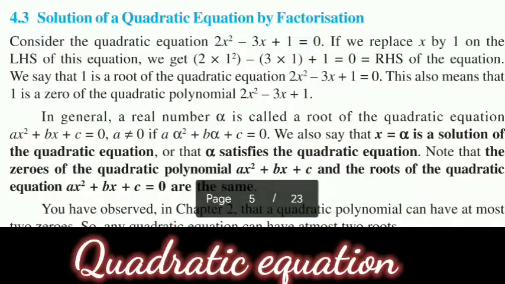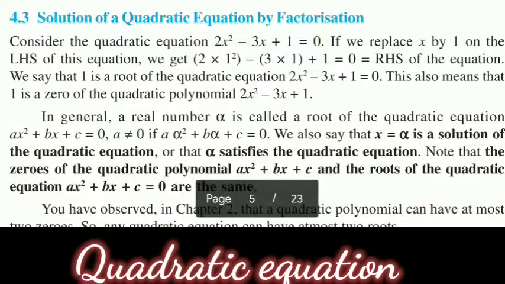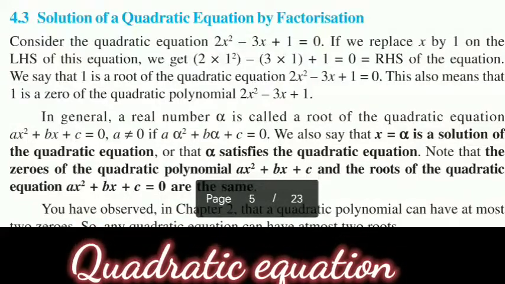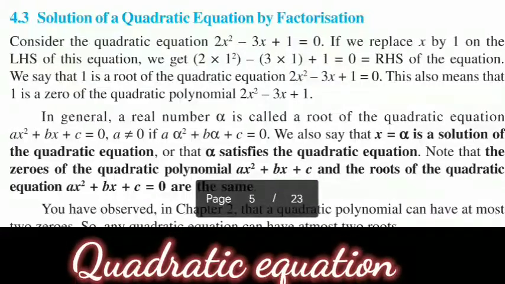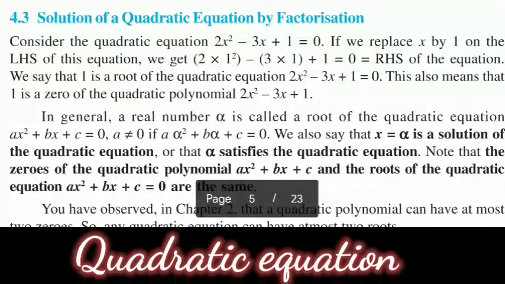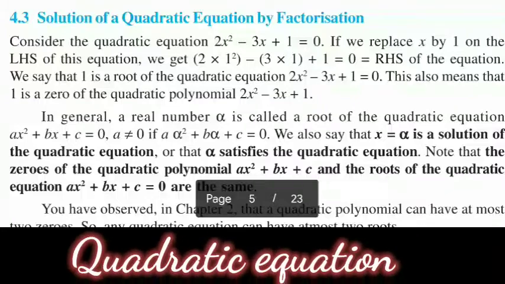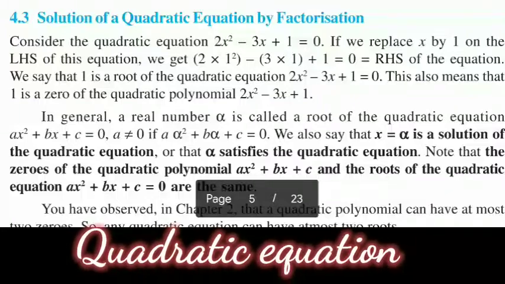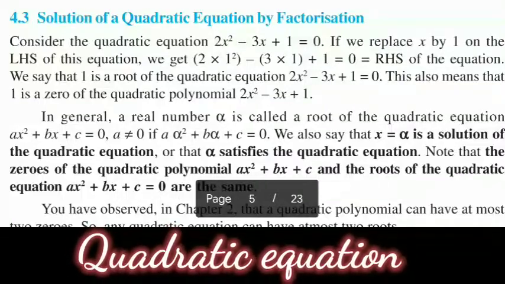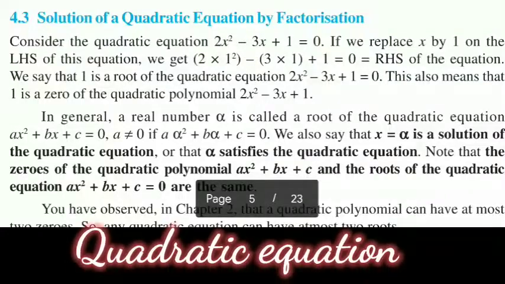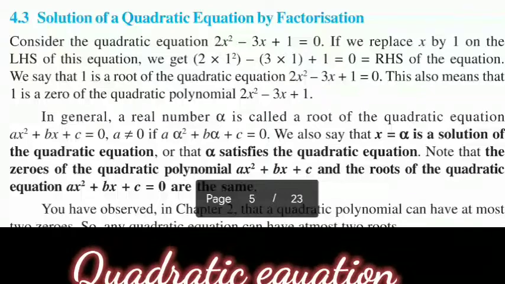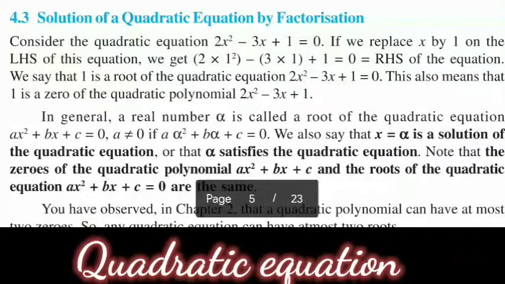Otherwise you can say those values satisfy the equation. Those values satisfy the quadratic equation. Those are the zeros of the quadratic equation, and a quadratic equation has maximum degree 2. That's why there are only 2 zeros. How many zeros? Keep the point always in your mind. A quadratic equation has only 2 zeros.